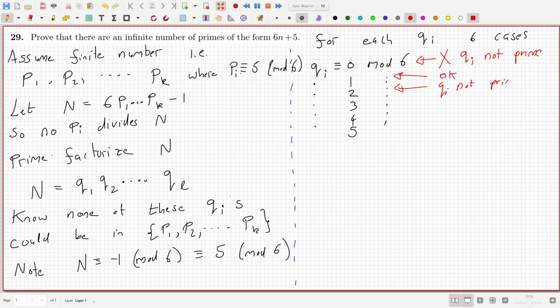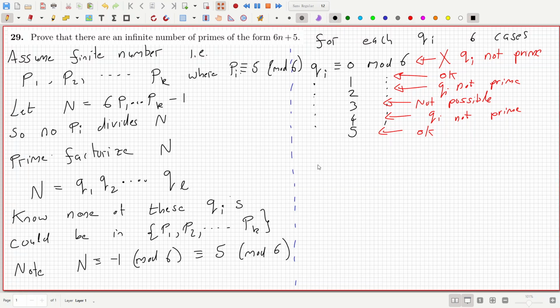This one, 3, is not allowed because of the nature of n. By construction of n. 4, again, would mean qi is not prime. And this one here, 5, is okay. So we only have 2 possibilities here.